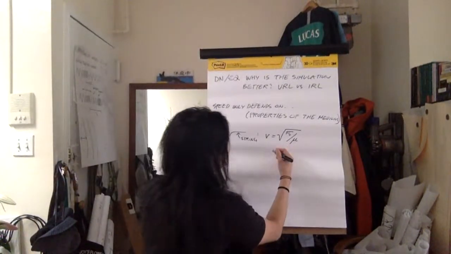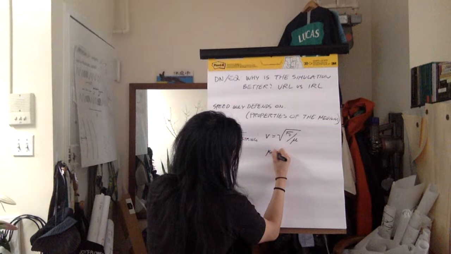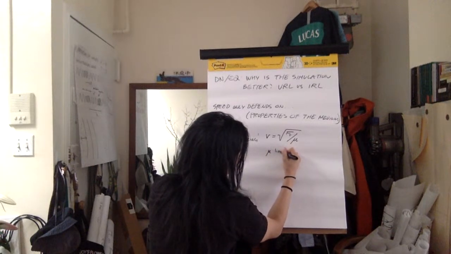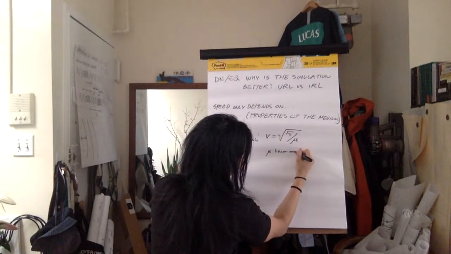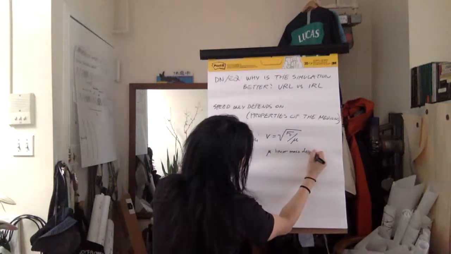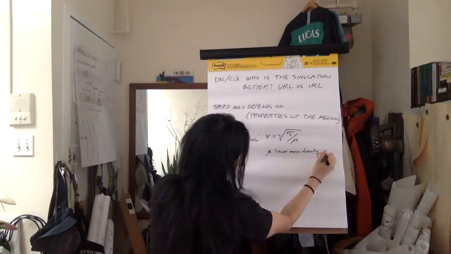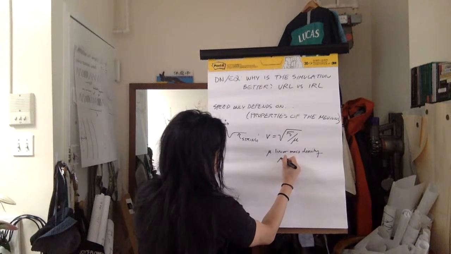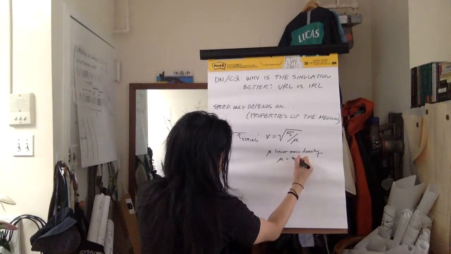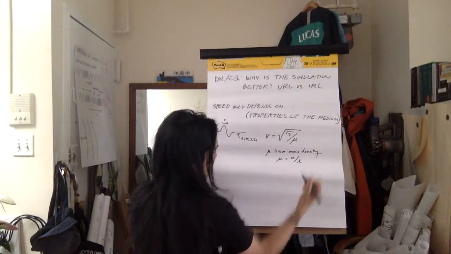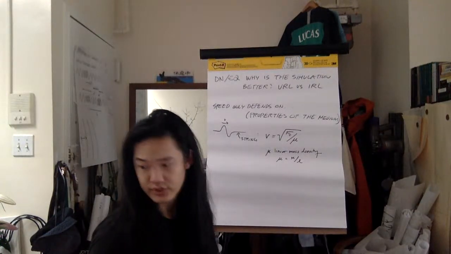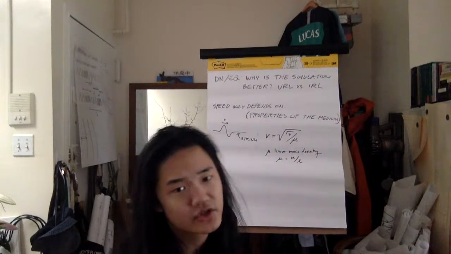This mu is linear mass density. Right, so mu is mass over length.